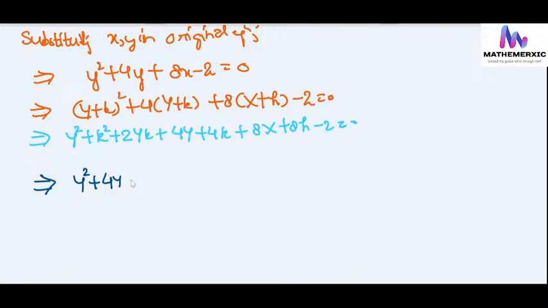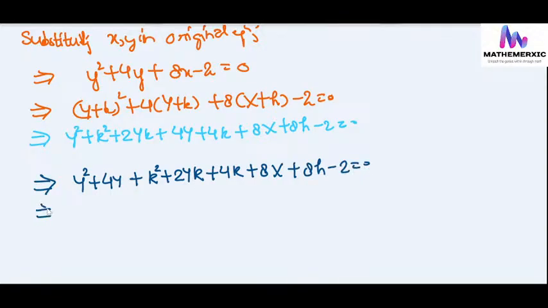What else can I take? It doesn't seem like I can take anything else. And plus here it is k square, 2Yk, 4k, 8X plus 8h minus 2 is equal to 0.